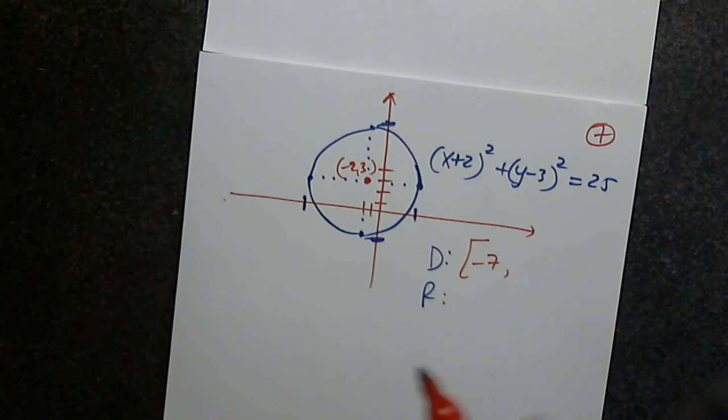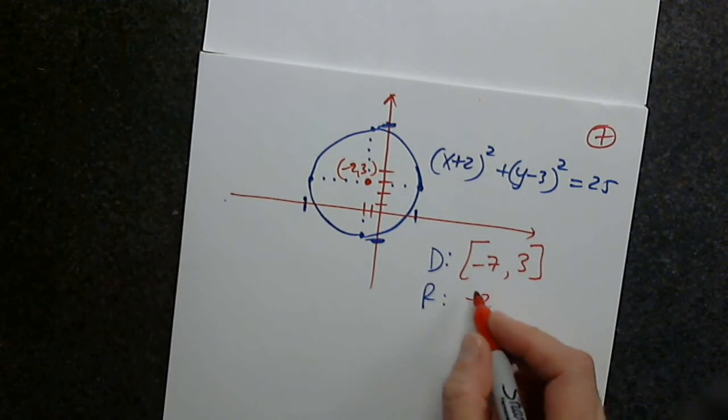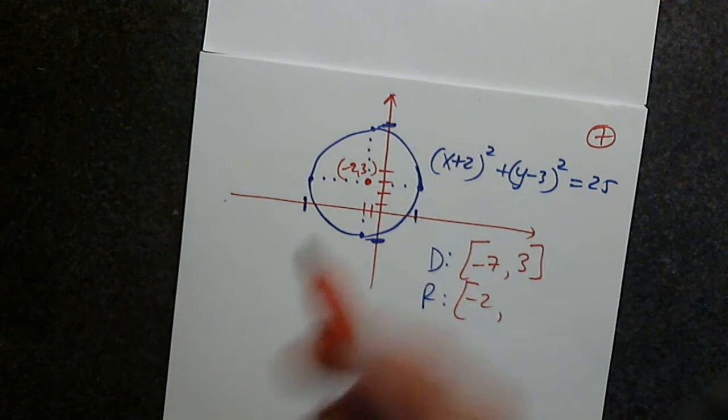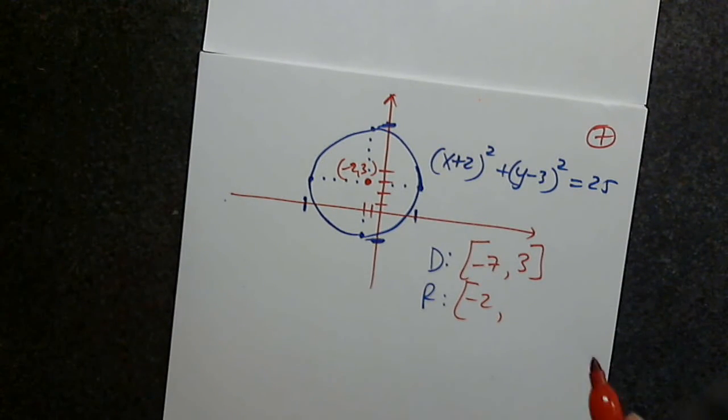Negative 7. Very good. How far does it go to the right? 3. Yes. How far does it go below? 2. Yes, but negative. Yes, very good. Awesome. And how high does it go up? 8. Excellent. So although it's not a function by the vertical line test, we can still determine its domain and range. Do we understand what happened? Yes, everyone? Okay, this is one type of problem.